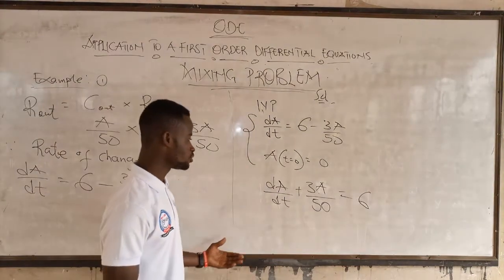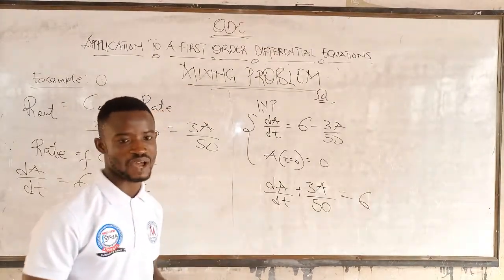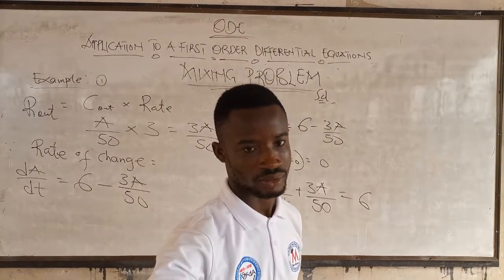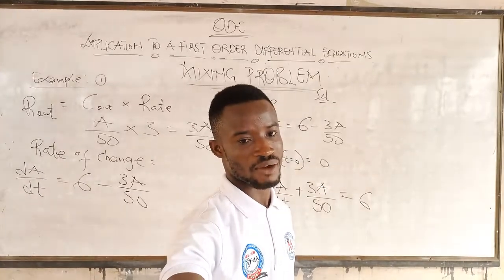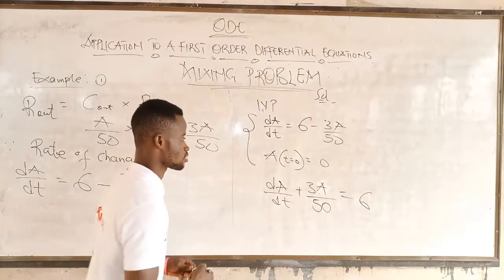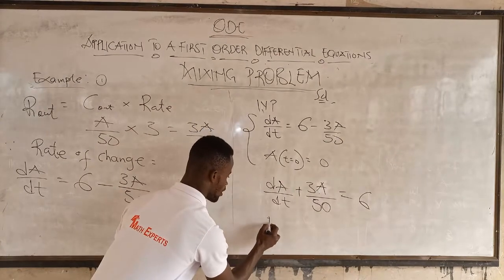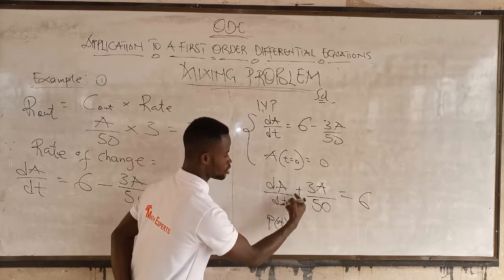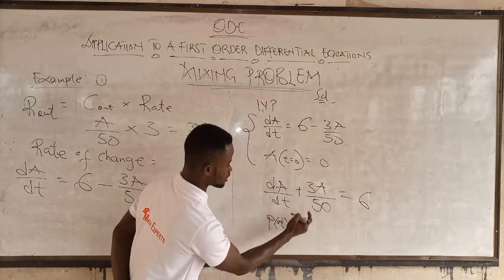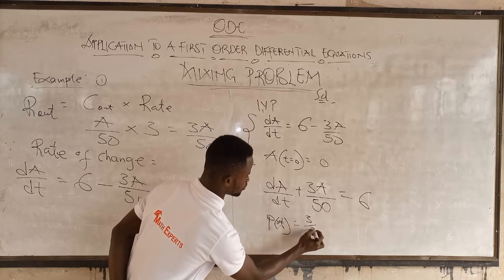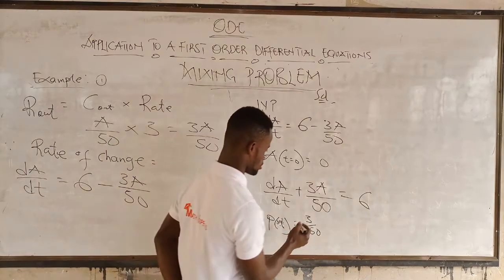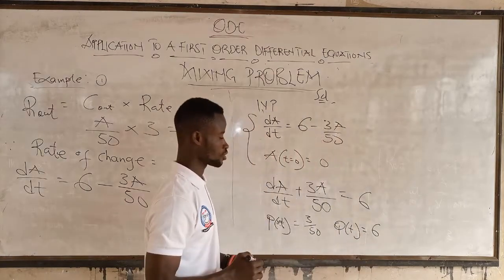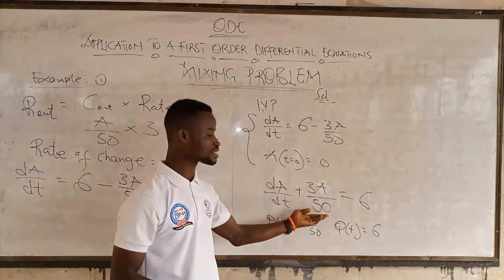Alright, so here we can identify our P of t and the rest. P of t will be 3 over 50. Then our Q of t is 6. Always make sure it's in the standard form.